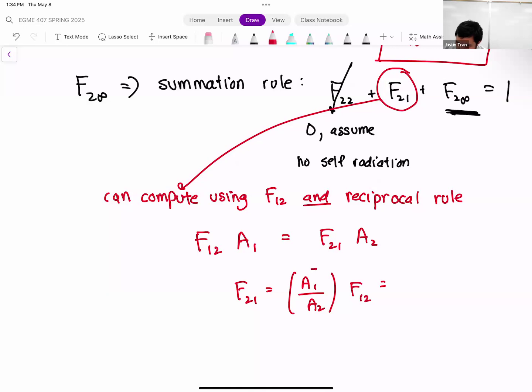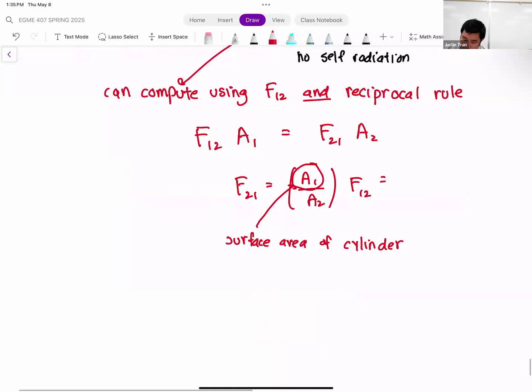Now, A1 is a little bit complicated to compute because this is the area of the cylinder. The surface area requires the two surface areas of the caps, so it's going to be 2 pi times d1 divided by 2, quantity squared.